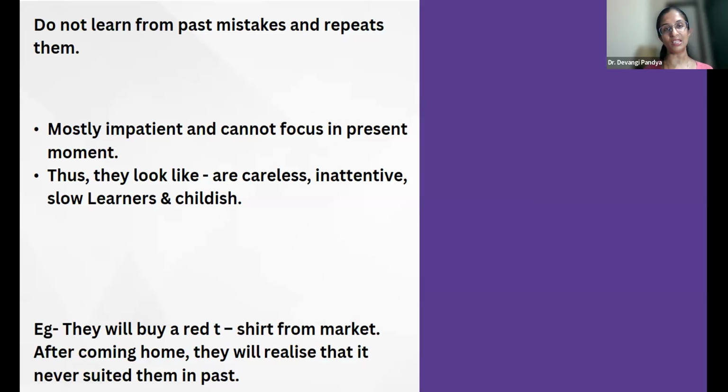After purchasing it and coming home, they realize they've made the same mistake again: this t-shirt doesn't suit me, but still the repetition will be there. Even we find many children coming to us, with parents complaining that even after telling him again and again, he is doing the same things repeatedly.